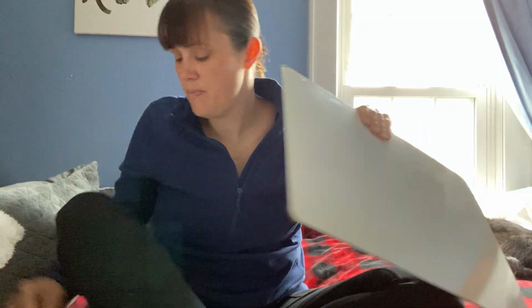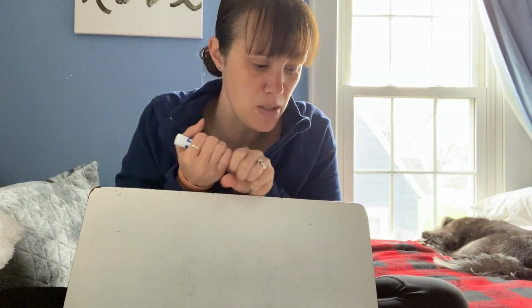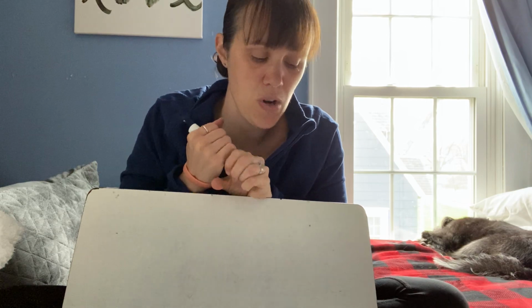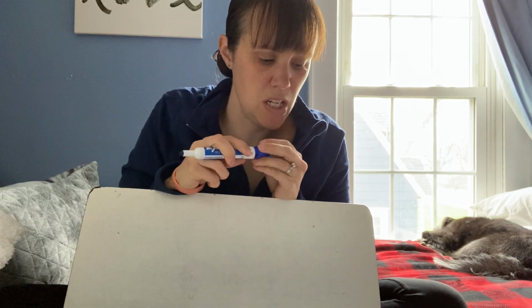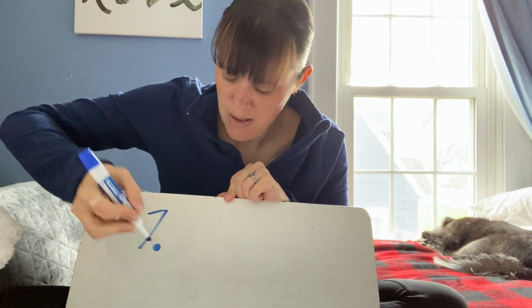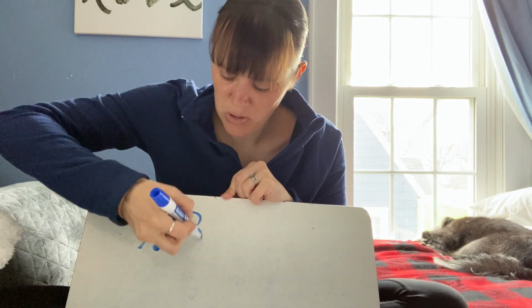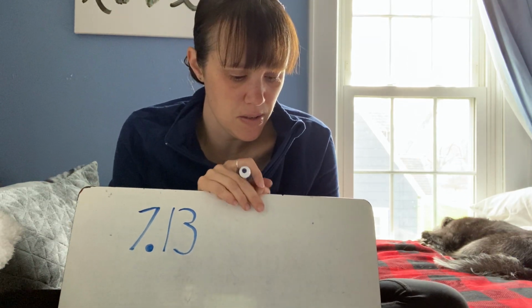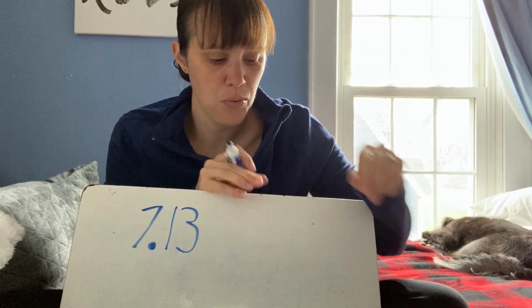The first one says 7 ones and 13 hundredths. So actually, I'm still going to write some of this. So we know that our whole number is 7, and then we have 13 hundredths. All right, so that one is the 1, 2, 3, 4th one down.